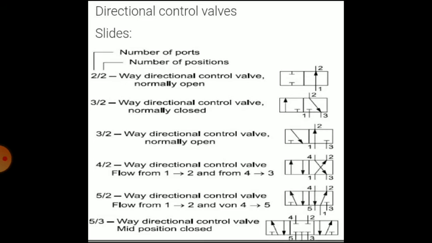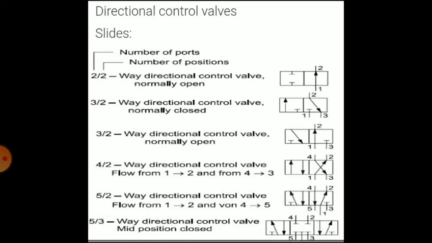Then direction control valves. The first number indicates the number of ports and the second digit indicates the number of positions. So a 2 by 2 direction control valve, when it is normally open, is indicated by the first symbol. Then a 3 by 2 way direction control valve, normally closed, is indicated by the symbol shown in the slide.